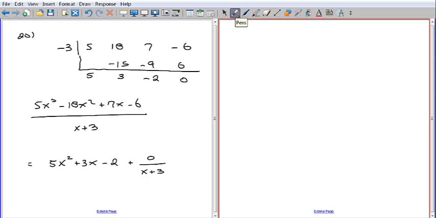Okay, next 23. So we got another one of those. Let me just write this one out: negative x cubed plus 75x minus 250 divided by x plus 10.